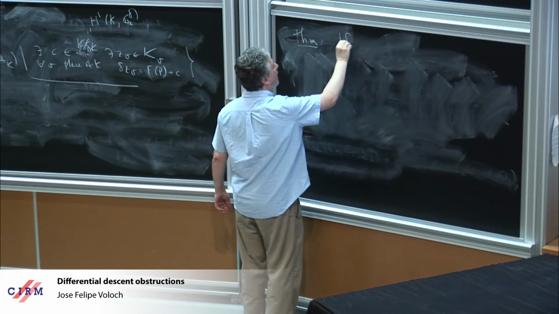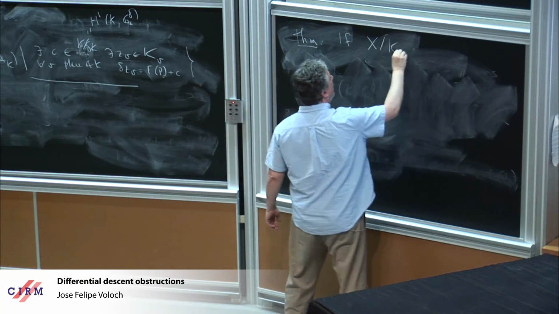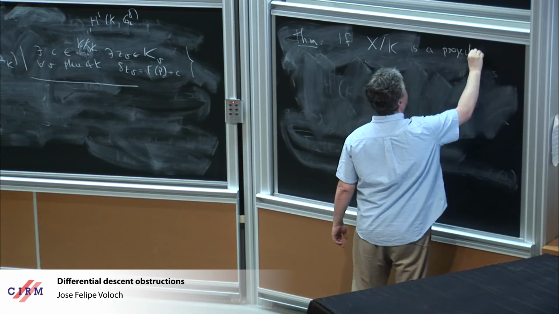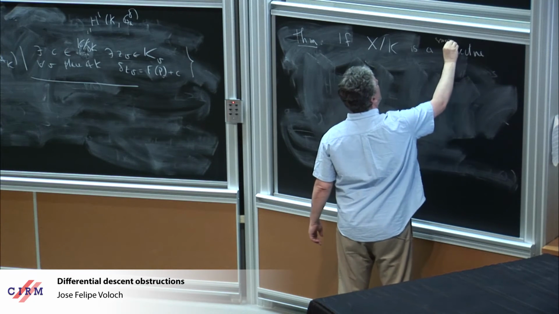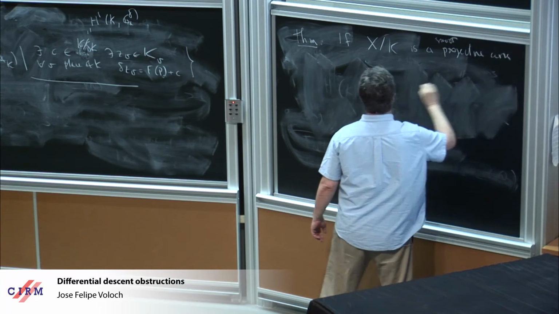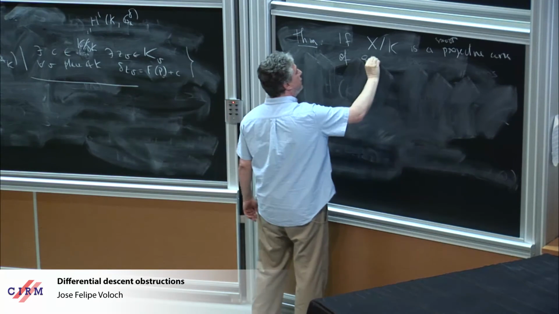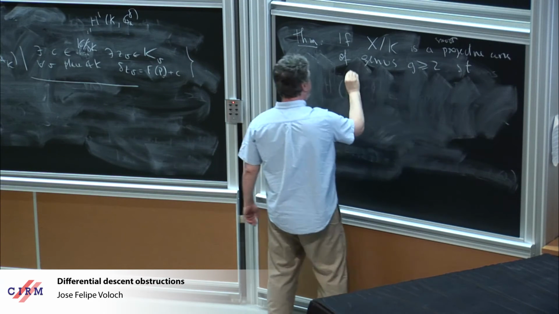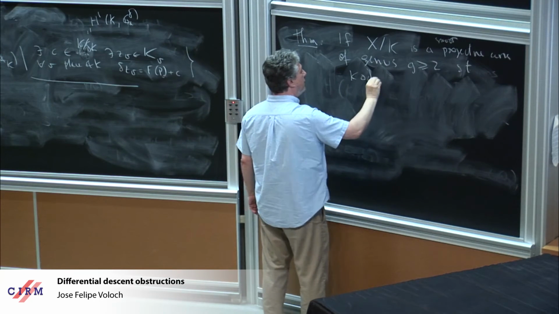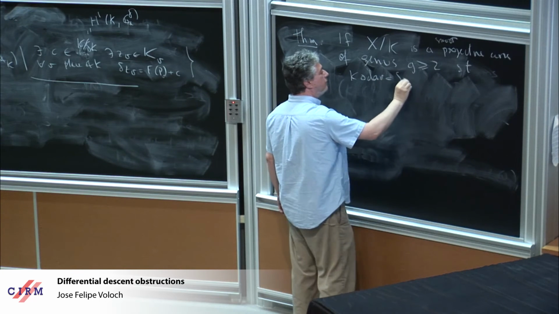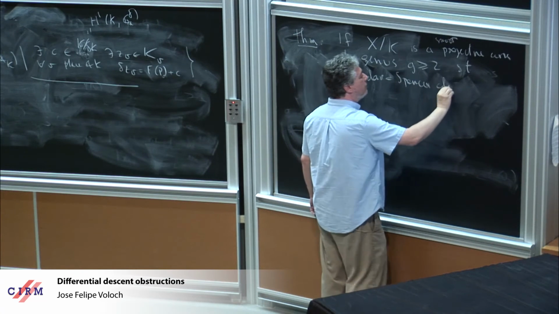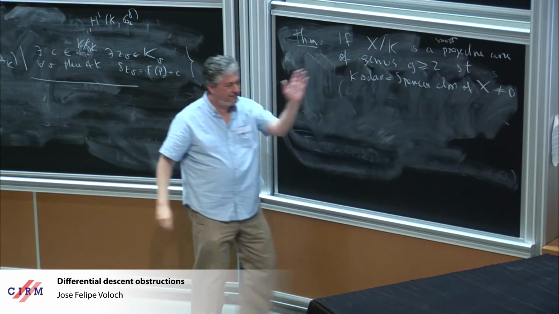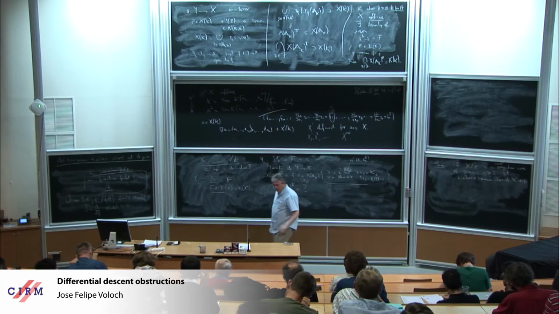So if X over K is a smooth projective curve of genus g at least 2, such that the Kodaira-Spencer class is not 0, it means that it's varying in moduli, that's all it means.